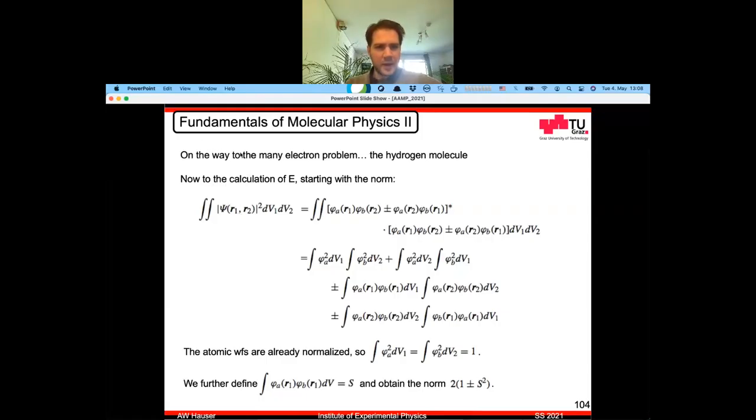And the only thing we have to do is now we come in with our expression for the total wave function, which is this anti-symmetrized product, which can be either plus or minus. So this is like the general solution that we are going through now for the case of being symmetric or anti-symmetric in the spatial part.